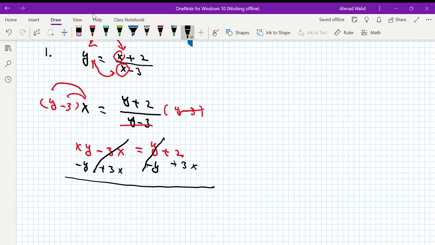Here I will get xy minus y equals 3x plus 2.